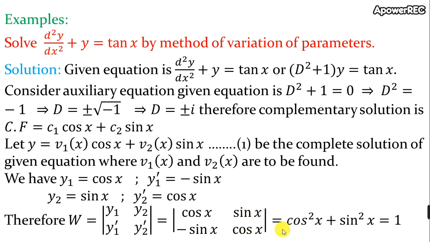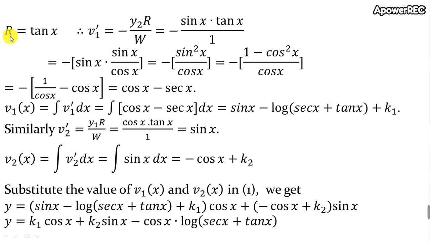Evaluating the determinant, we get cos square x plus sin square x. So cos into cos is cos square x, minus into minus is plus, sin into sin is sin square x, which is nothing but 1.